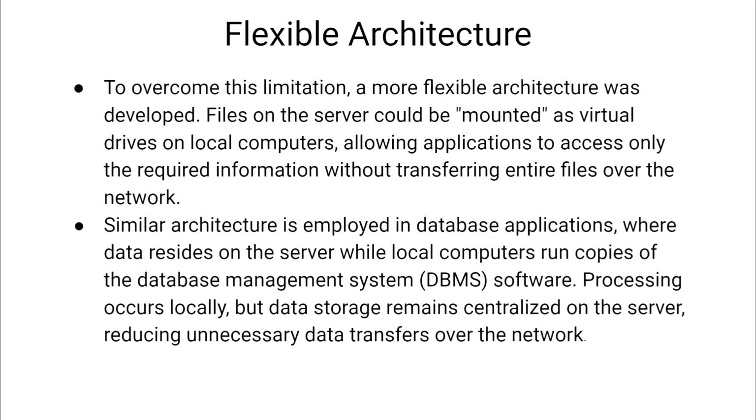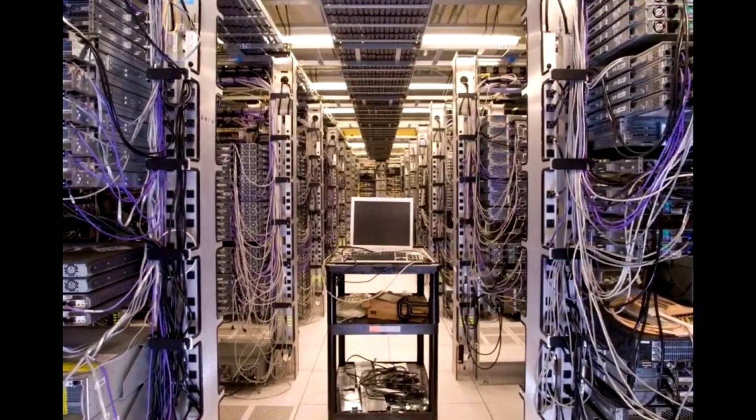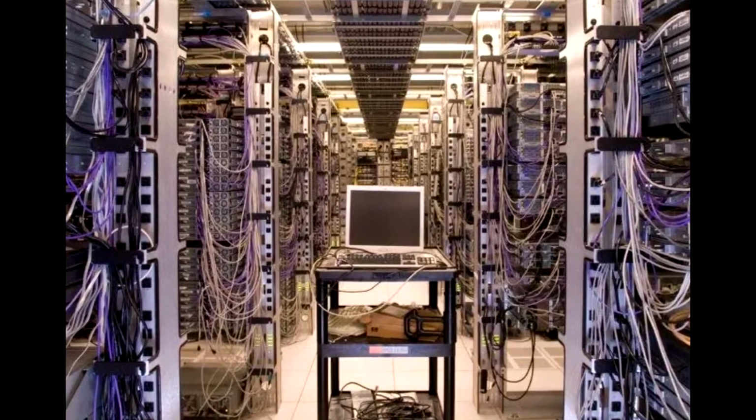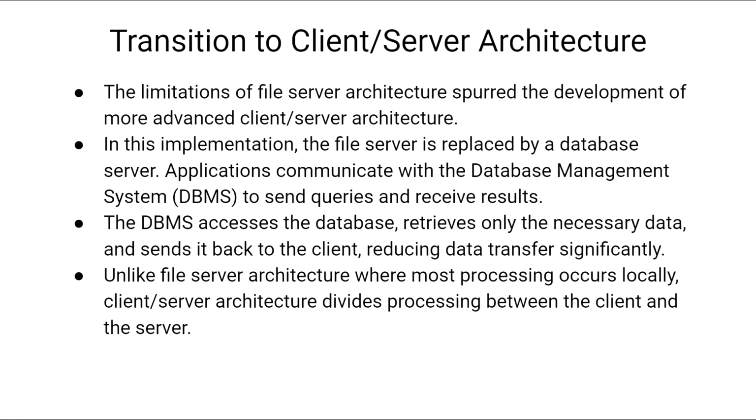Processing occurs locally, but data storage remains centralized on the server, reducing unnecessary data transfers over the network. The limitation of file server architecture spurred the development of more advanced client server architecture.